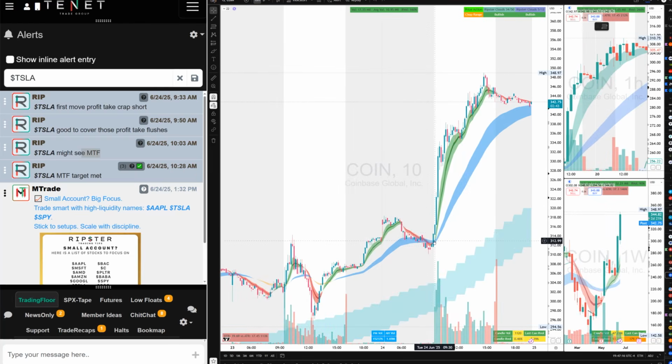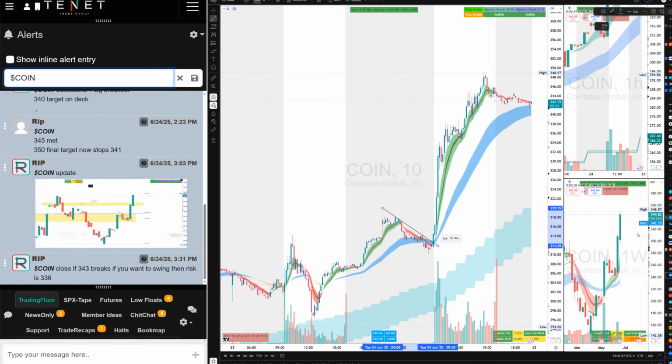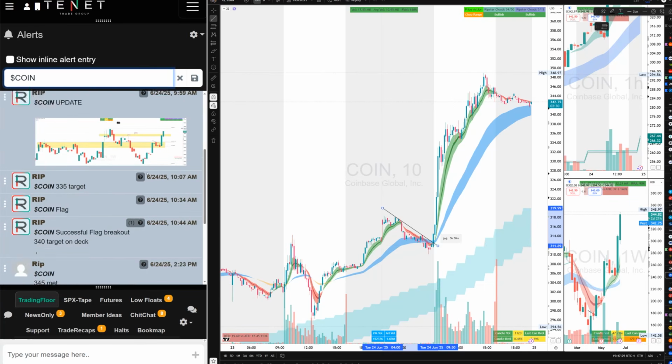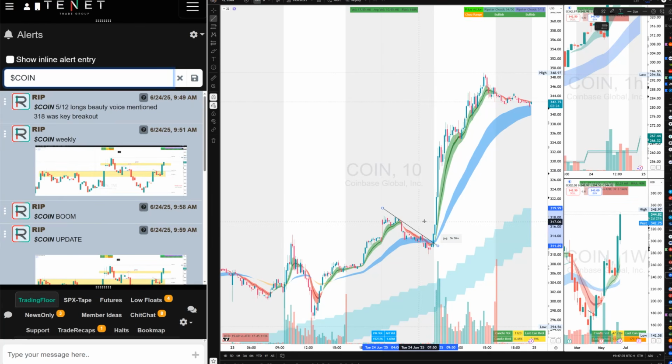So I saw this curl. You see it was dipping. As soon as I saw this curl, I told my traders in the community that Coin is a curl long setup. Your stops are right at 312. You take long right away, 314, 315, that's fine. And then I said the breakout is over this 315 level. It was a weekly breakout, and then we have a pre-market high breakout.